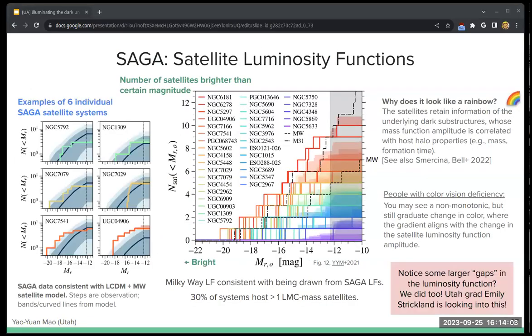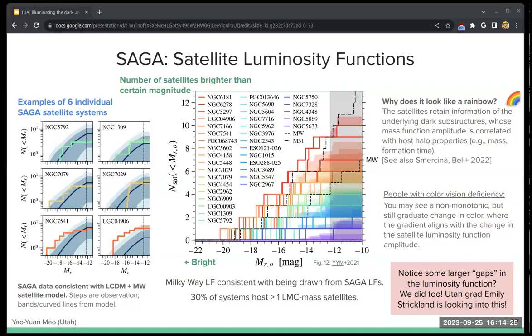So you can now compare each of the luminosity lines with simulations or with model predictions. The band that I'm showing you on the left, the steps are still just taken from 6 systems on this plot, and the band is a model prediction.